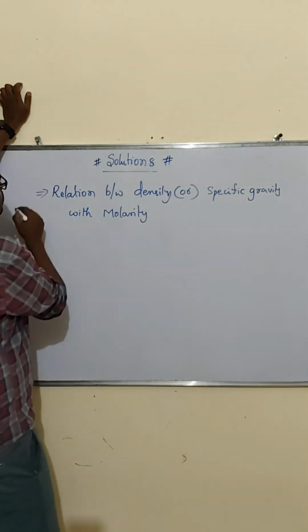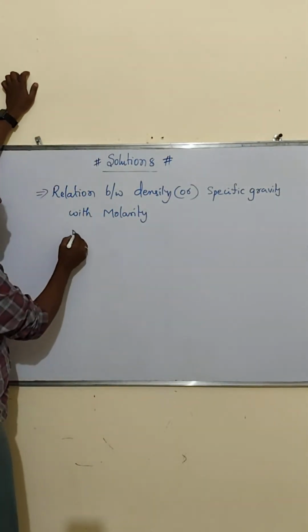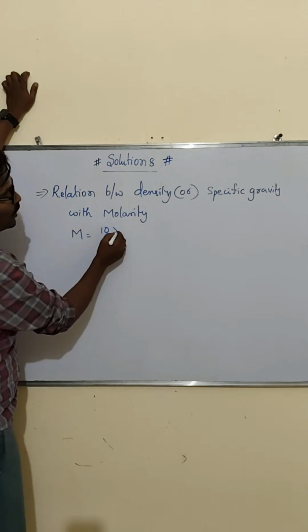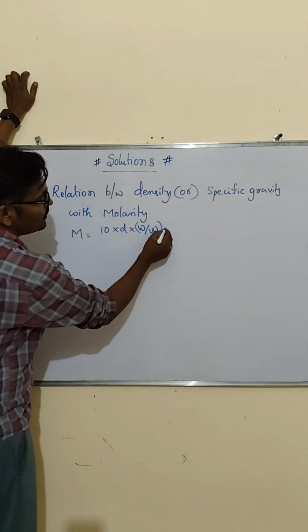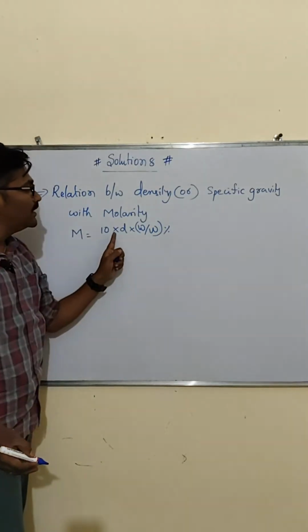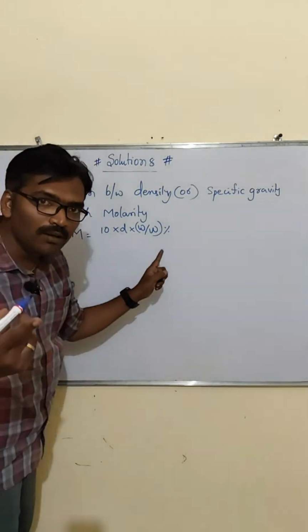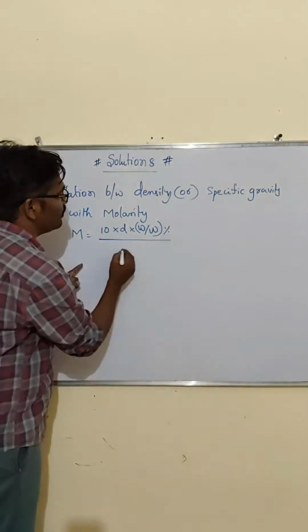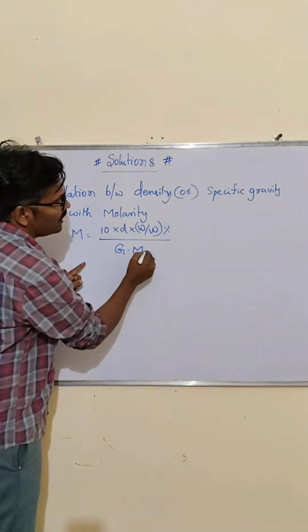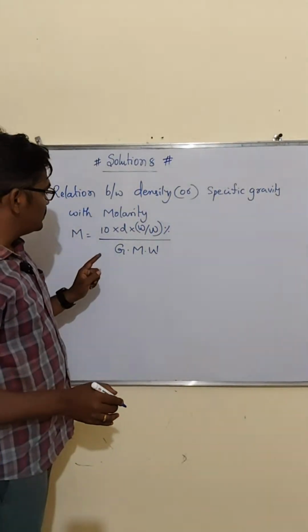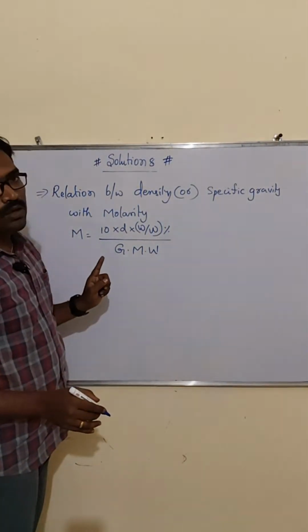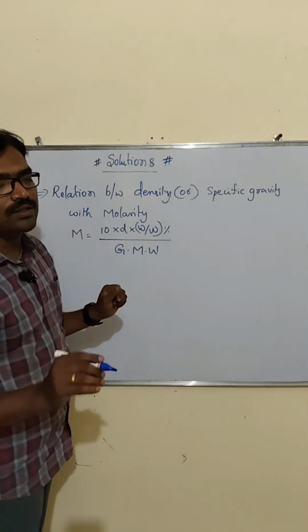What is the relation? Molarity equals 10 into density into weight by weight percentage, divided by gram molecular weight. So remember: 10 into density into weight by weight percentage divided by gram molecular weight. These are the formulas for the molarity concept.